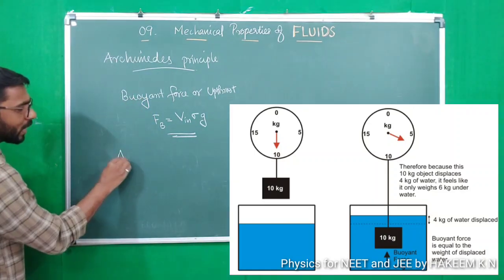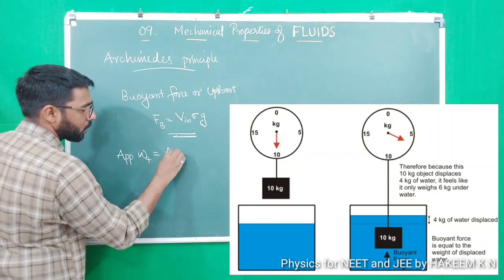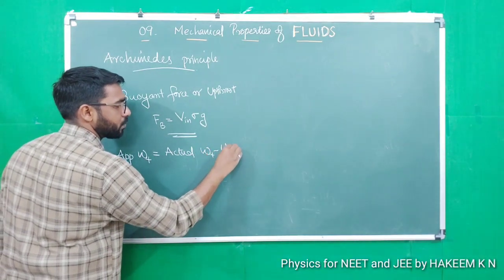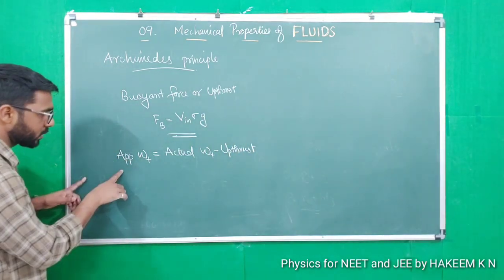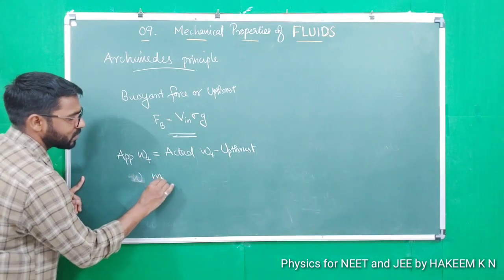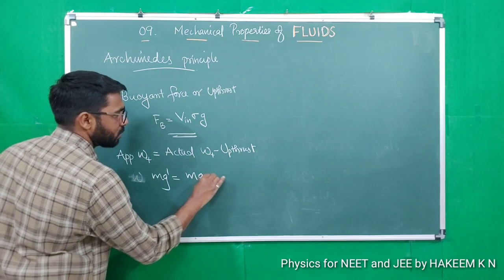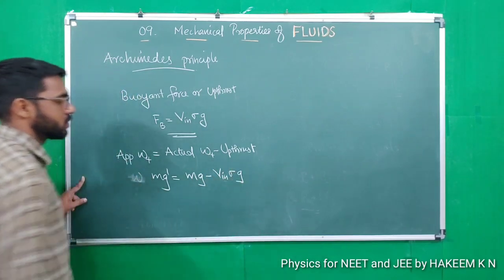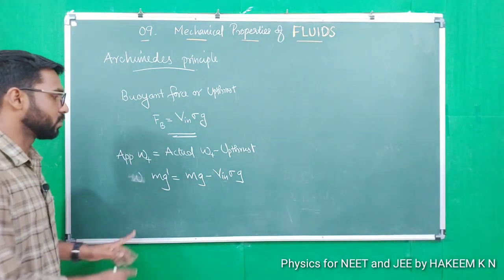So apparent weight of the body equals actual weight minus upthrust. Apparent weight W dash, or we can say mg dash, equals actual weight mg minus, for upthrust, V inside into sigma g.